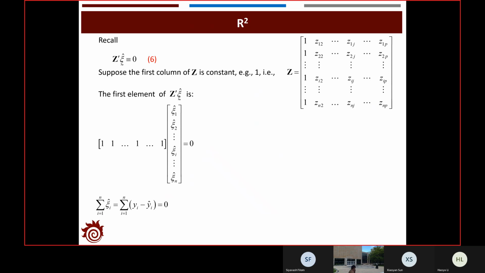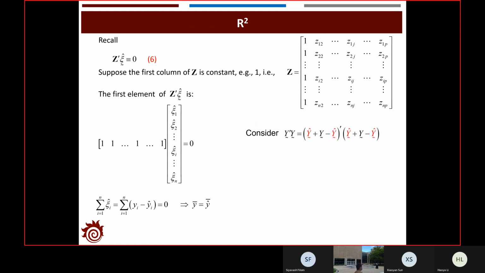We know that epsilon i hat equals yi minus yi hat. So the summation of yi minus yi hat is 0. If we sum all the observed values and all the estimated values, they should be equal. The difference should be 0, which means the mean value of the observation and the mean value of the estimation will also be the same.